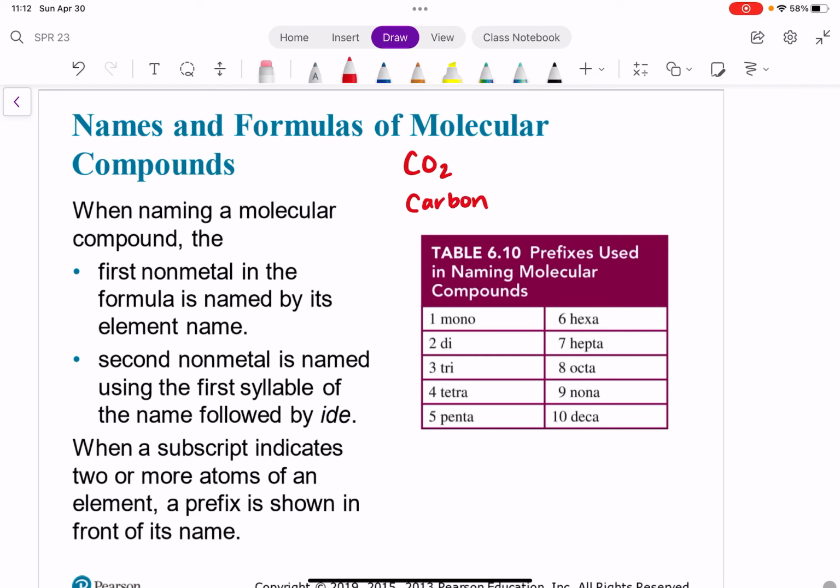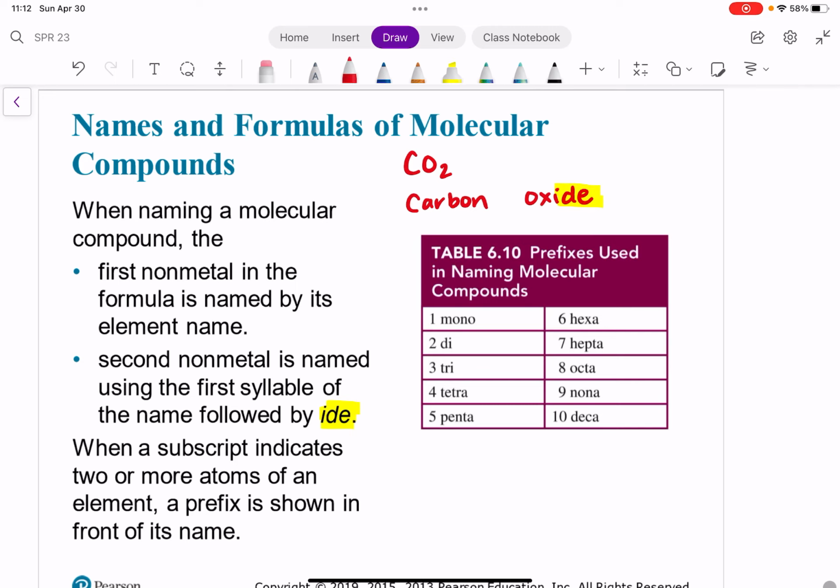We just say carbon, okay? And then the second nonmetal is named using the first syllable of the name, followed by the ending IDE. So remember, just like we did with ionic compounds, we would say oxygen would be oxide instead of oxygen. Fluorine would be fluoride. Chlorine would be chloride. You're giving it that ending IDE, okay?